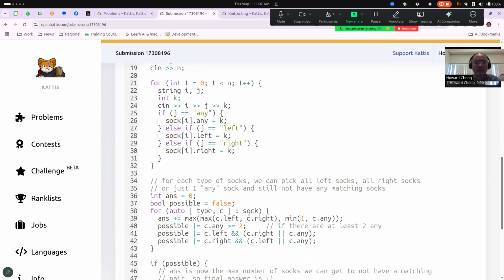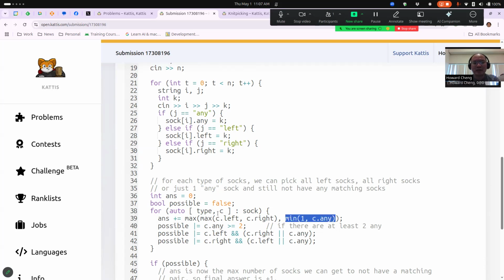So here, that's what it is. I look at the maximum of left and right. I can pick all left, I can pick all right. If I have any socks, any type socks, well, I can pick at most one of them. So I do a minimum of 1 and c.any. In case c.any is zero, that will be zero. But if it's anything more than one, it will make sure that I can pick at most one.